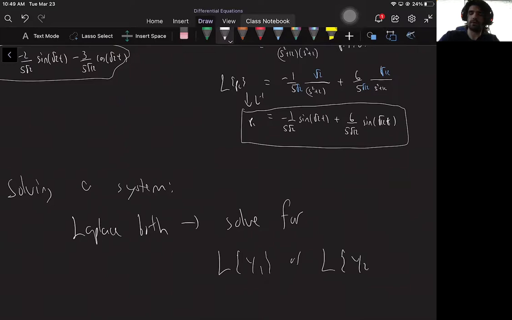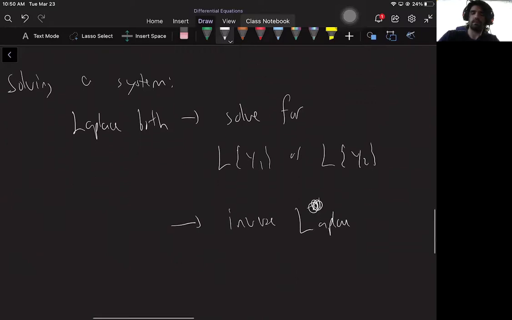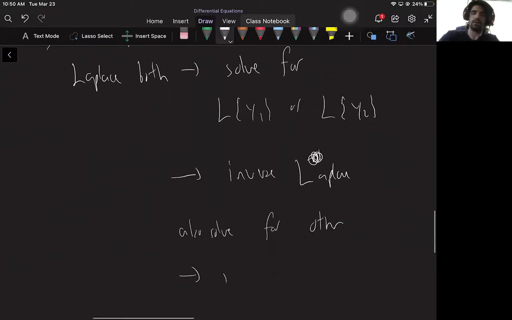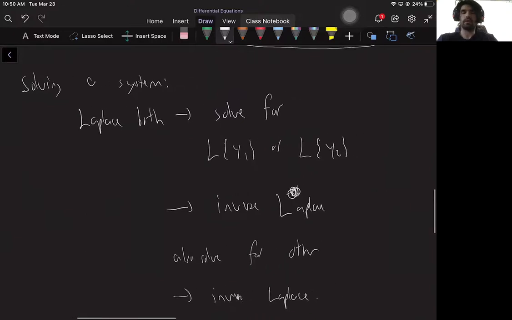I'm just using y1 and y2 in general. Then you inverse Laplace, and that'll get you one of them. And then you also solve for the other, and you inverse again. So that's the process to take away. They take a long time, unfortunately.